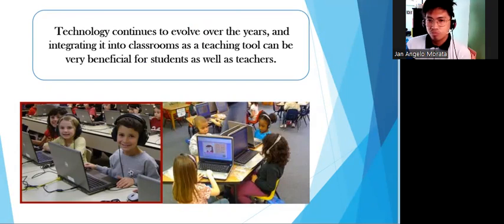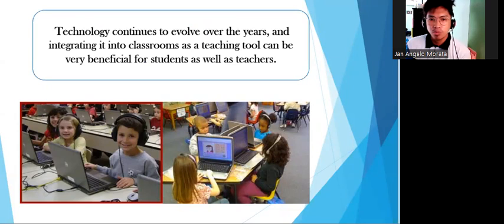From as we go back from the history of computers, ang computer noon ay isang parang napakalaking box. Over the years, lumiit ng lumiit, hanggang sa naging portable na lang. Minsan ang computer natin, naging handheld computers na lang, nasa kamay na lang natin. Nagsimula tayo noon, kung natatandaan natin, we have the mga monitors na hindi pa flat, yung kuba pa.